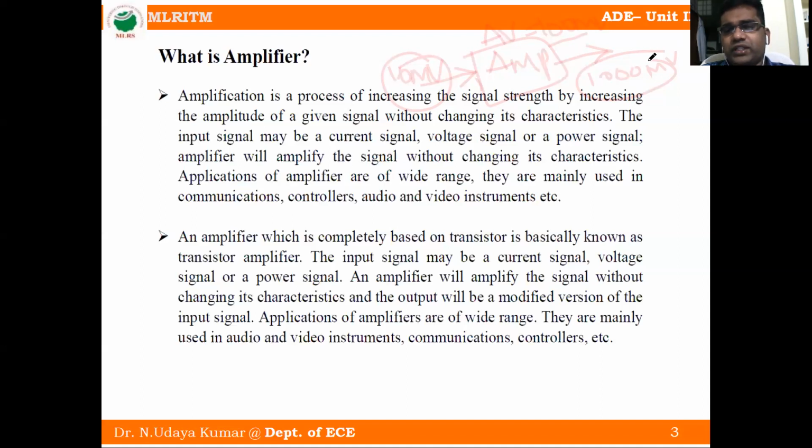It is in the active region. The input signal may be a current, voltage, or power signal. An amplifier will amplify the signal without changing its characteristics, and the output will be a modified version of the input signal. That means we get enhancement from input to output.